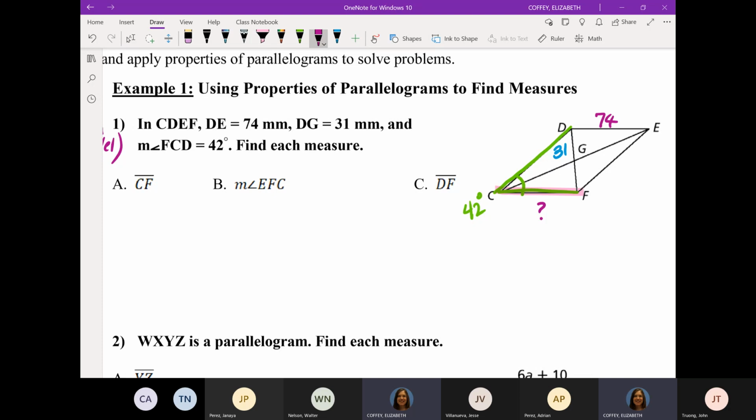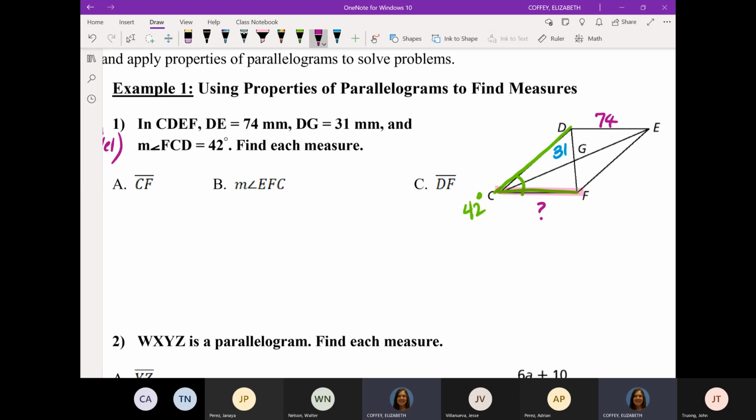Okay, Victoria, can you help us out here? What do you think the length of CF has to be? 180 has to do with angles, so since we're dealing with a side, not an angle, we're not going to use 180, okay? CF, what we know though is that DE is 74.